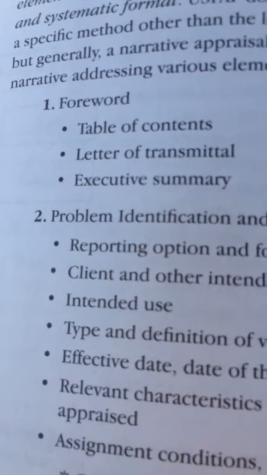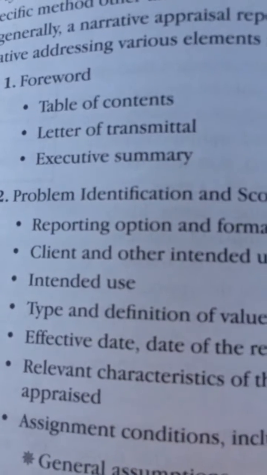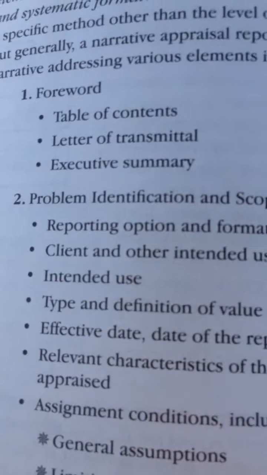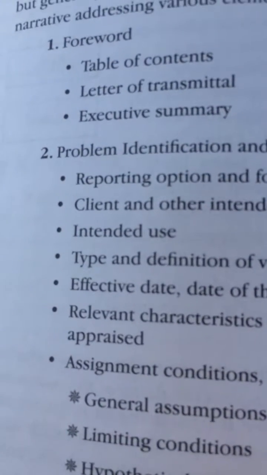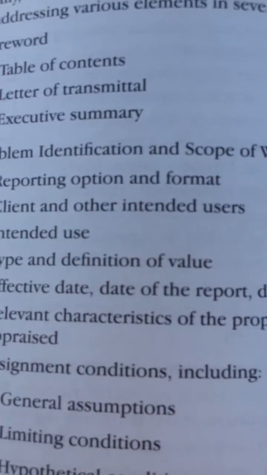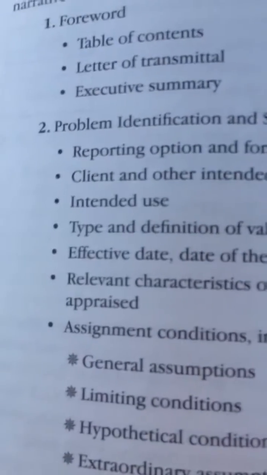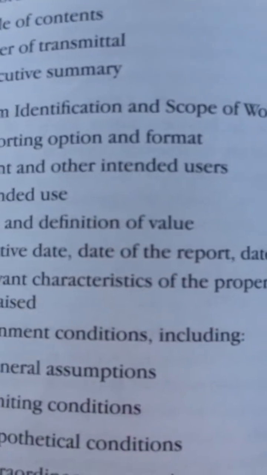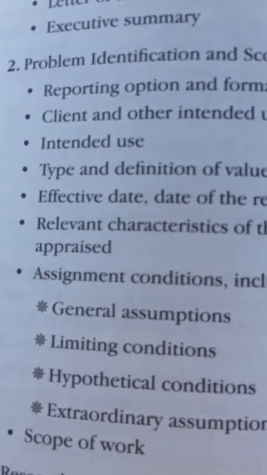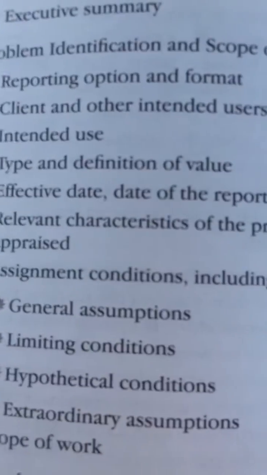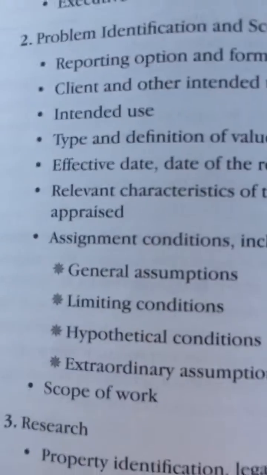1. Foreword. Table of contents. Letter of transmittal. Executive summary. 2. Problem identification and scope of work. Reporting option and format. Client and other intended users. Intended use. Type and definition of value.